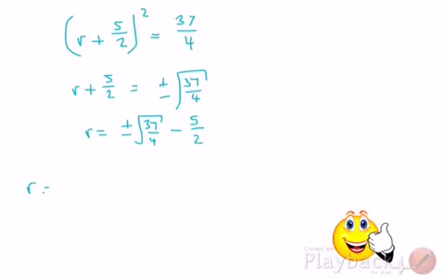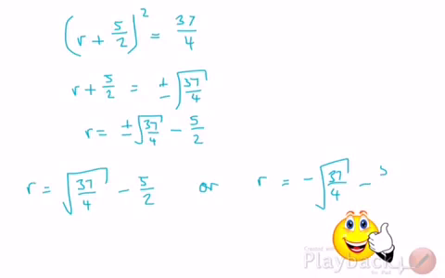And then you can have r is equal to the square root of 37 over 4 minus 5 over 2, that's the positive version. Or r is equal to negative square root of 37 over 4 minus 5 over 2.